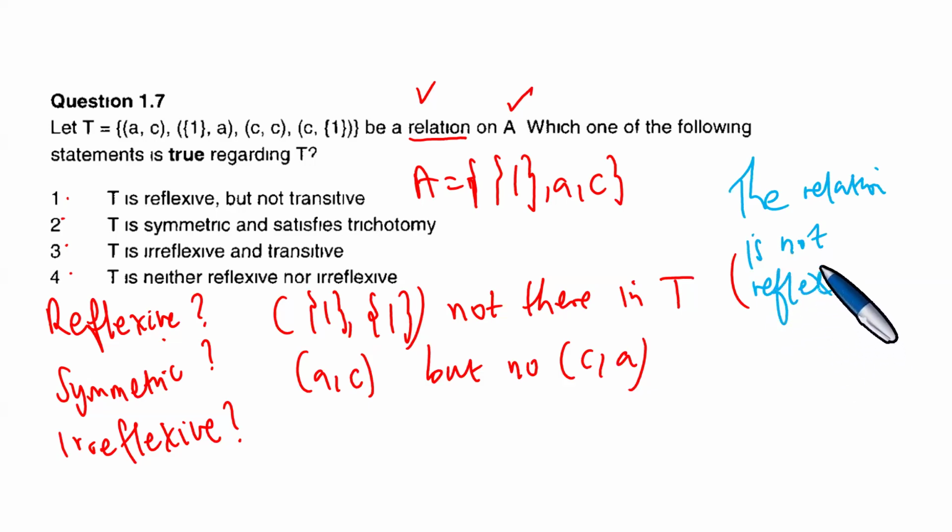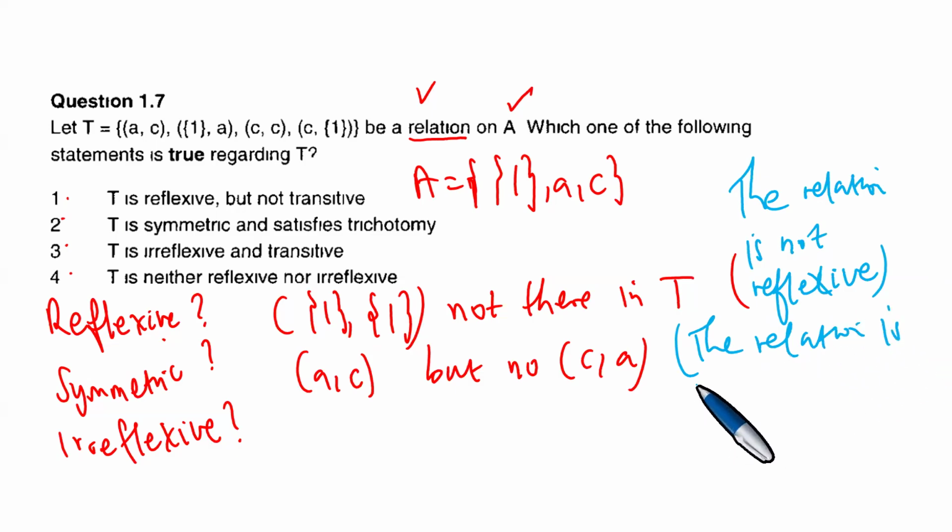Also, the relation is not symmetric, because we can see AC, but there has to be CA also in T to allow us to conclude that T itself is symmetric. Therefore, T is not symmetric.